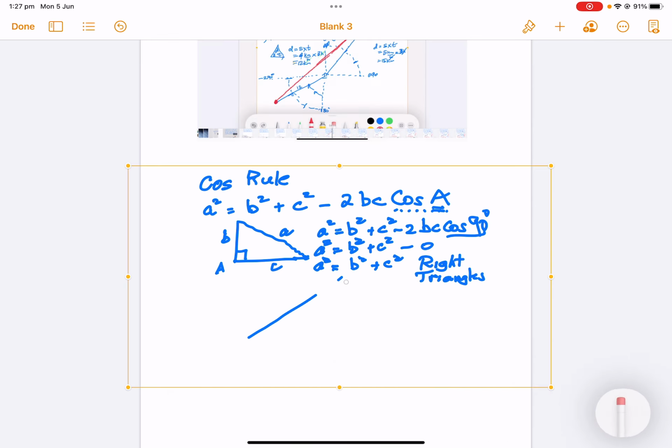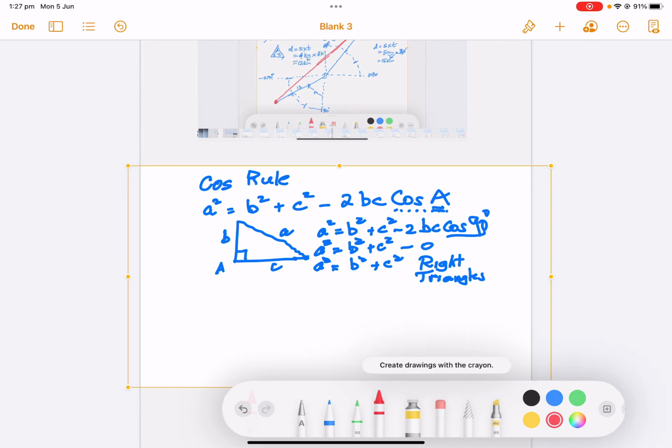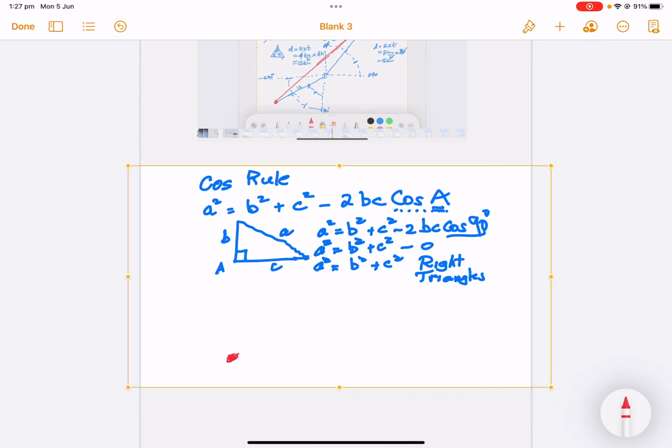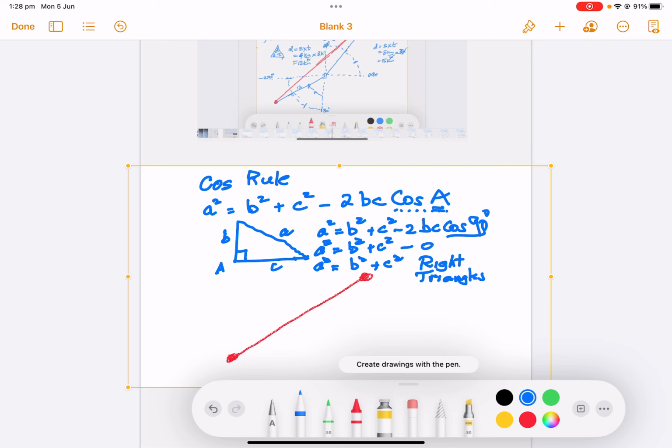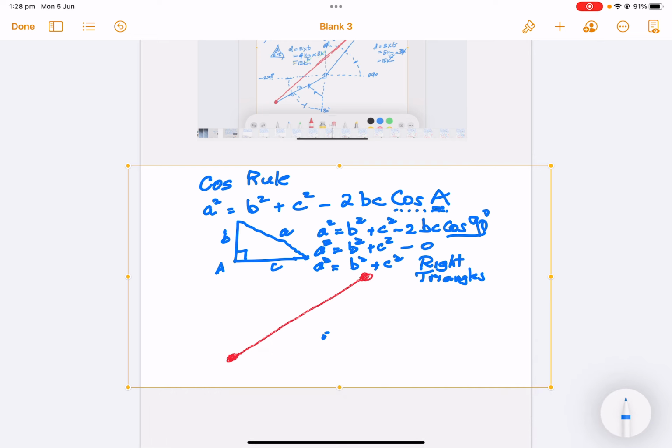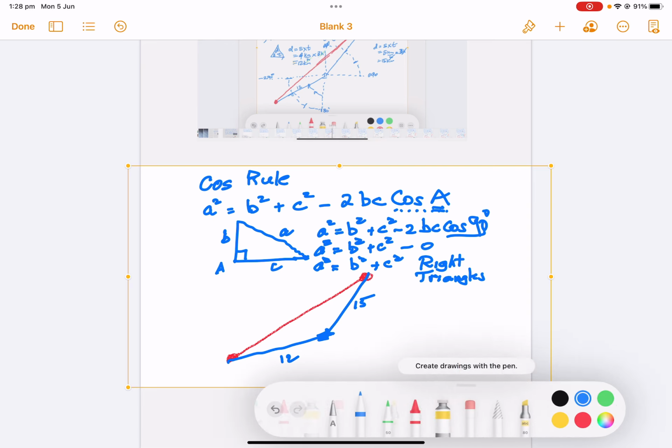I'll make that red. We've got the point where the first group finishes, the point where the second group finishes, and this hut where they started, and that was 12, and that was 15. And now let me put some angles in.